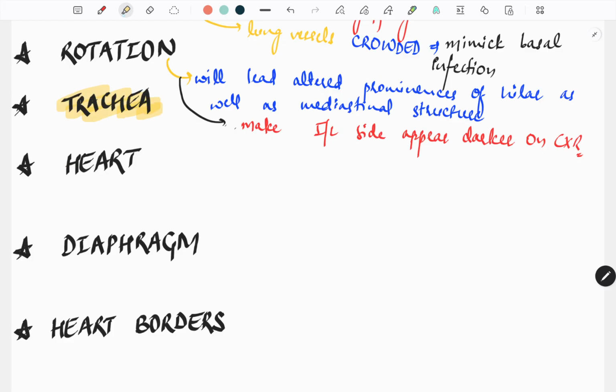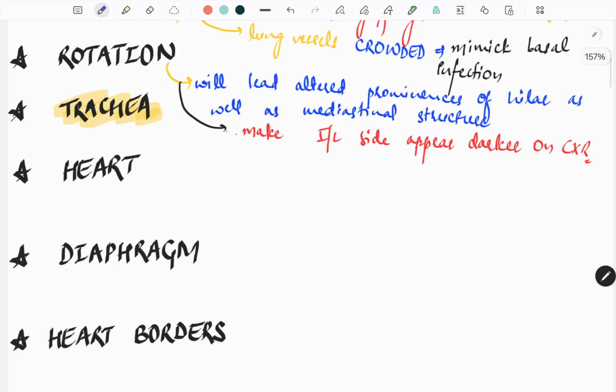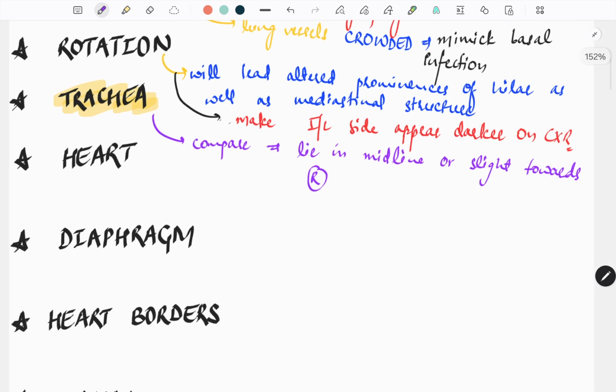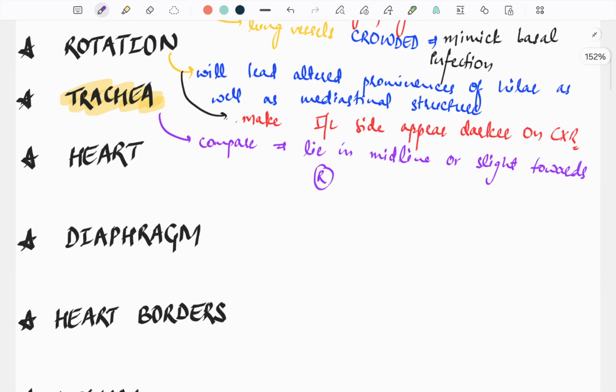Then we'll come to the point trachea. Why should we see the trachea? We should see and compare the trachea. It should lie in the midline or slightly towards the right because of the arch of the aorta on the left side.